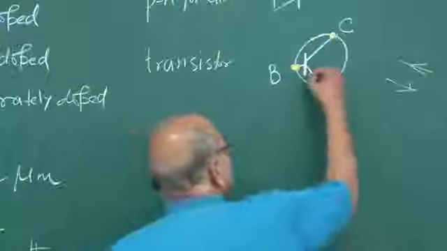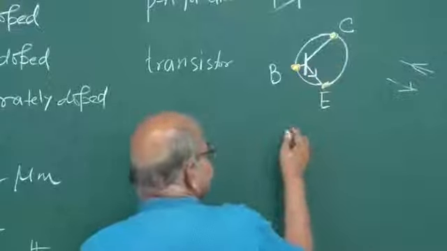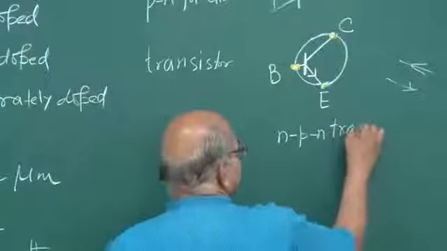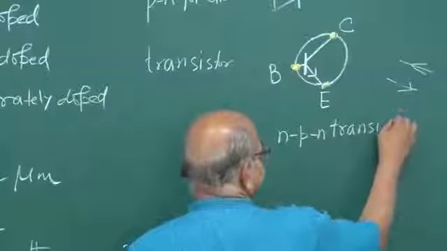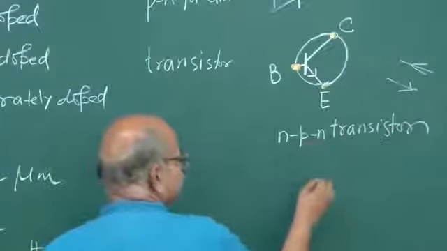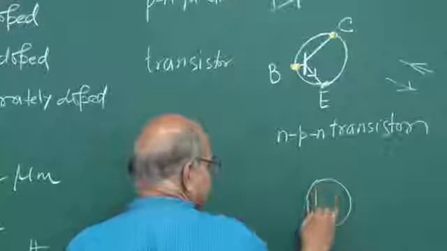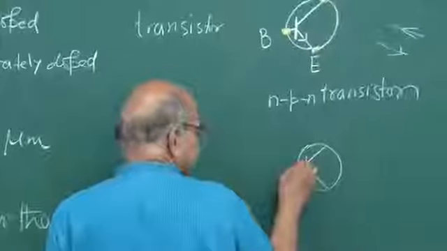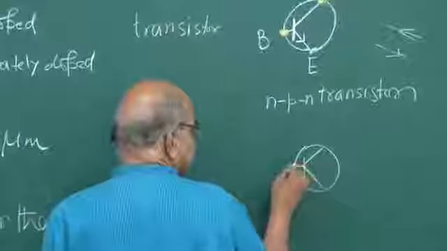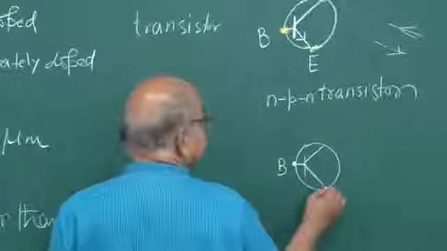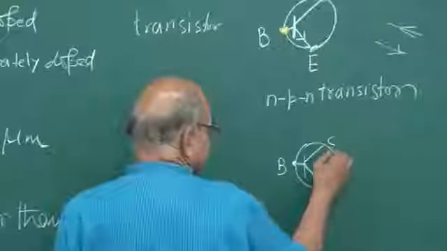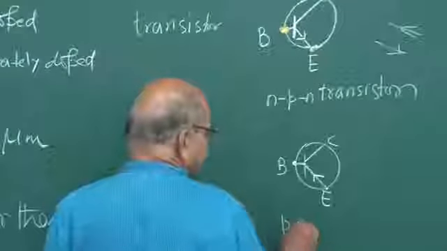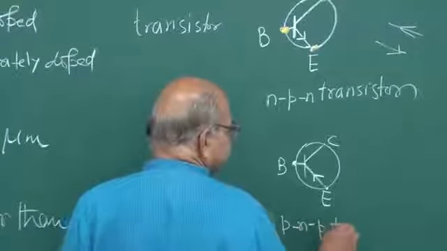If I put the arrow here, this is the symbol for an NPN transistor. If I put the arrow in the other direction, with two lines coming like this and the third line being the base, with this as emitter and this as collector, this is a PNP transistor.